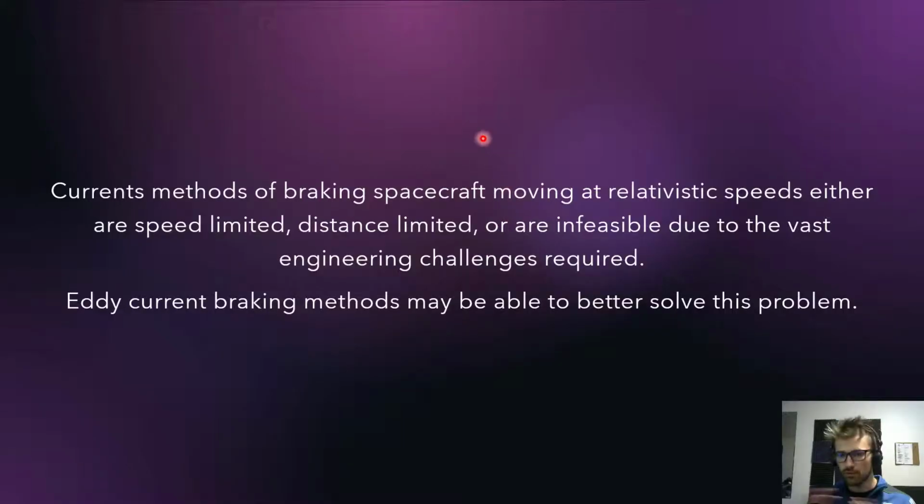So first off, the overall abstract for this talk. If you have a spacecraft moving at relativistic speeds and you're trying to brake it, the proposed ideas are either speed limited, meaning you can only go up to a certain fraction of the speed of light for them to work, or distance limited, meaning you can't completely stop the spacecraft as it goes through a given interstellar or solar system.